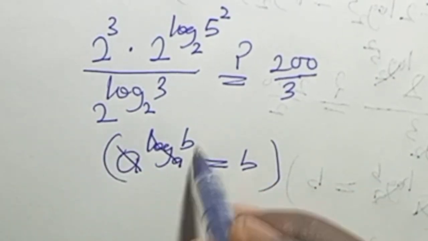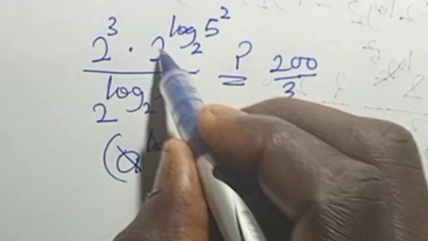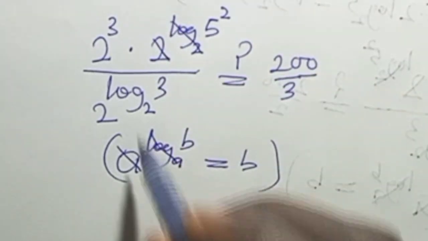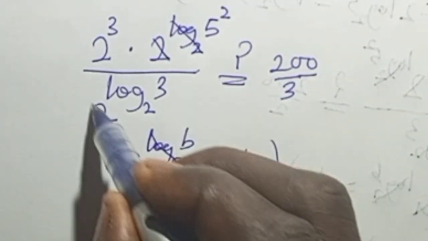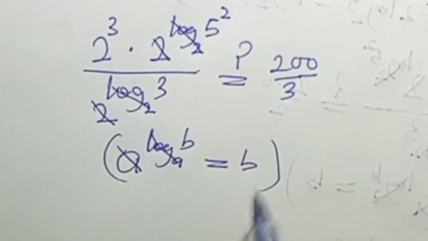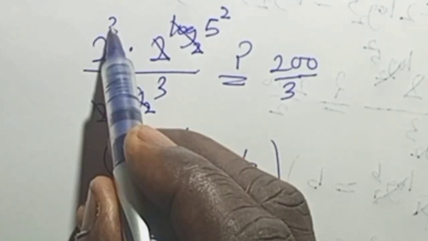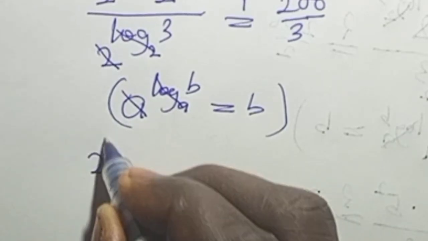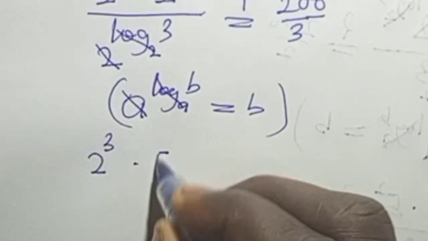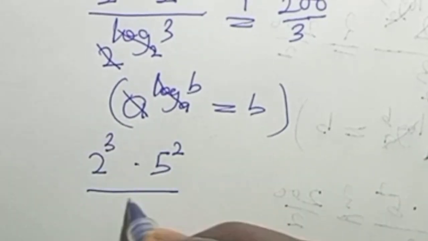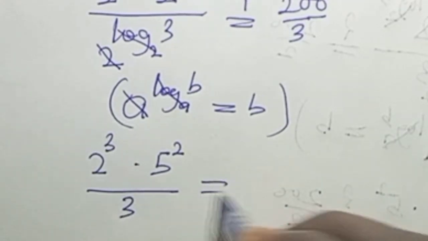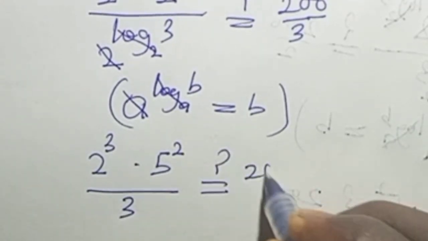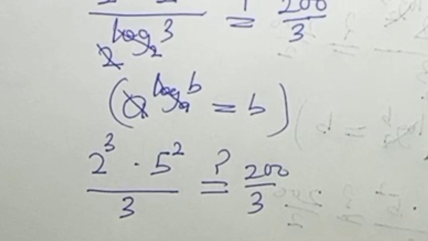This cancels out and we are left with b. So here, 2 will cancel out log 2 base 2, and 2 will cancel out log 2 base 2. It will be left with 2 raised to power 3 and 5 raised to power 2 and 3. So if we bring that out, it will be 2^3 times 5^2 over 3. Is it equal to 200 over 3?